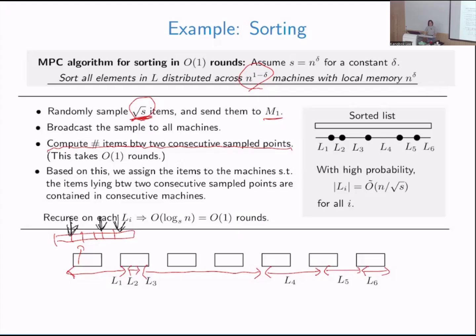But theoretically, the number of rounds is constant, and in each round the running time is nearly linear in the local memory space. So the parallel time would be n to the delta.